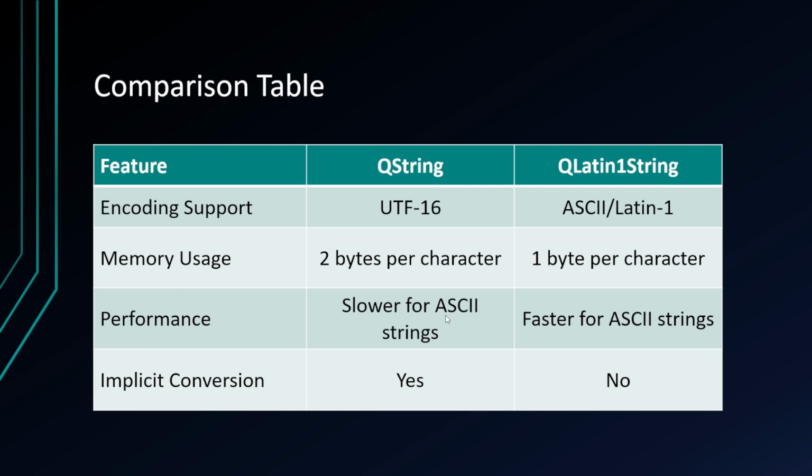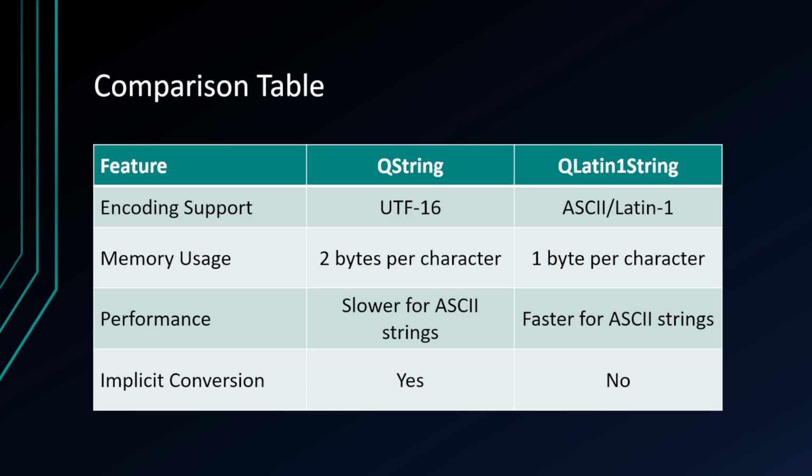And performance is slower for ASCII strings with QString and faster with QLatin1String, because it uses mainly ASCII, while QString is used for all kinds of characters in all languages. It just has more symbols that it can store. And QString is making implicit conversion of literals.